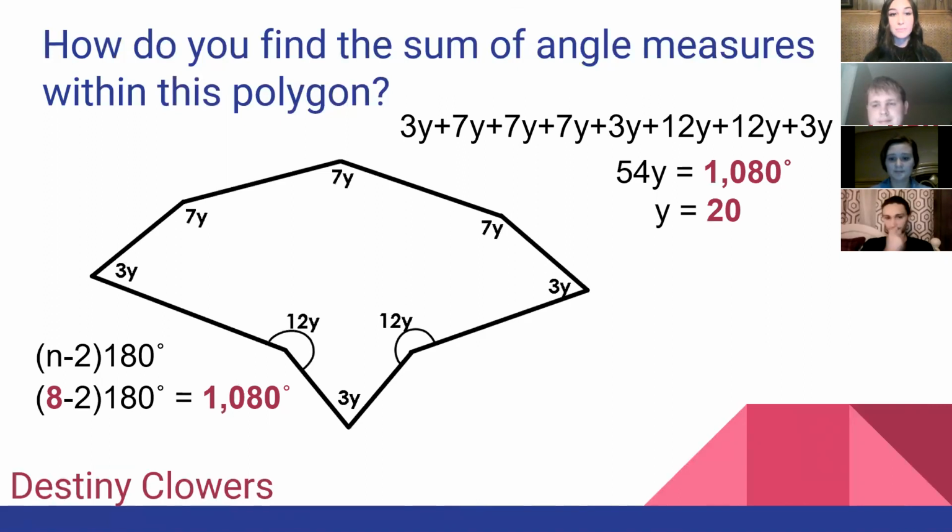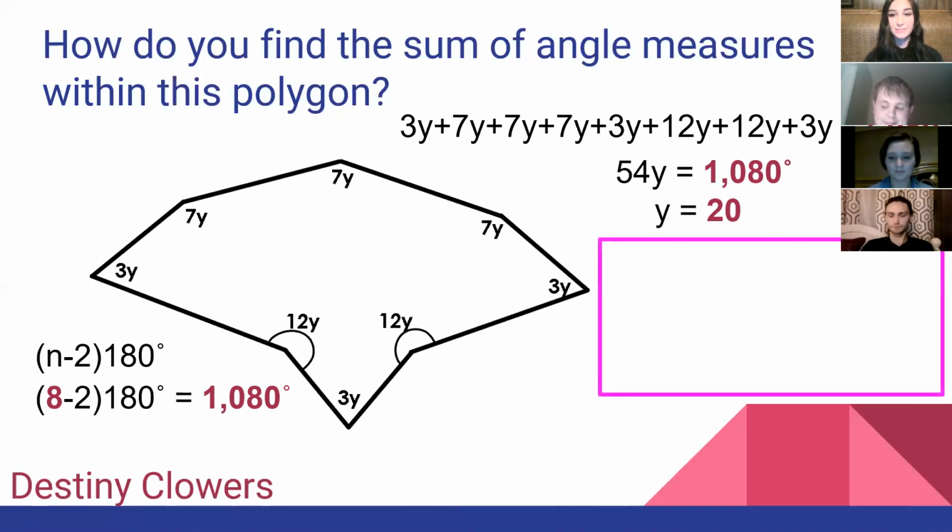And now you can substitute your y into each of these interior angles that have the y. So when we do that, we'll get 3y, which is 3 times 20 equals 60 degrees.